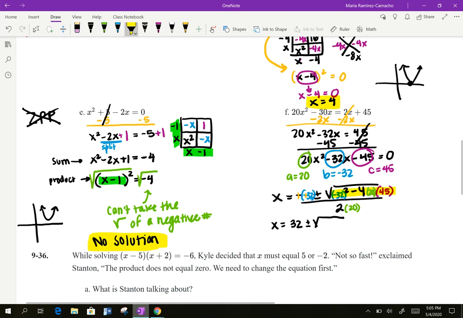Oh, it's a negative. That's why. That's what I was predicting. Okay. Over 40. And as we saw from part E, you cannot take the square root of a negative number. And so part F is also no solution.